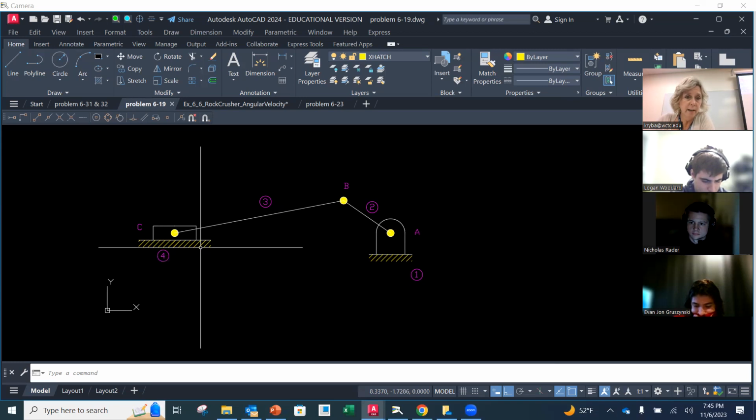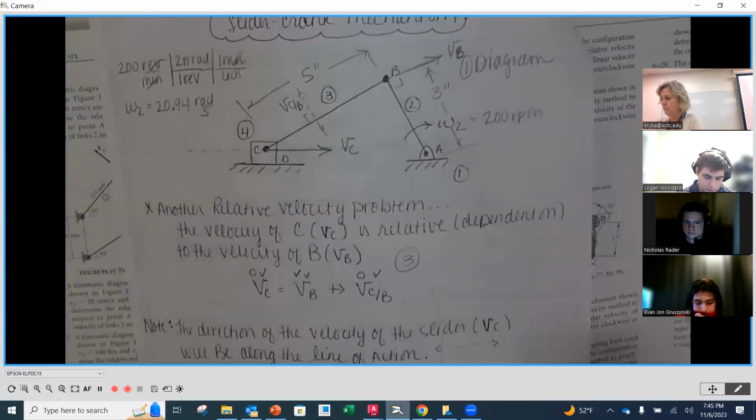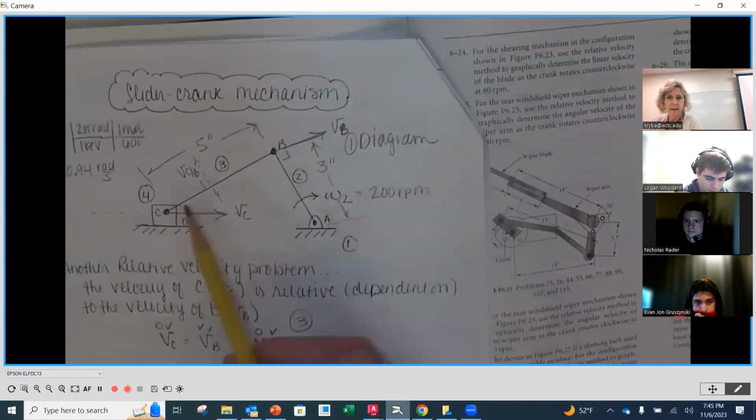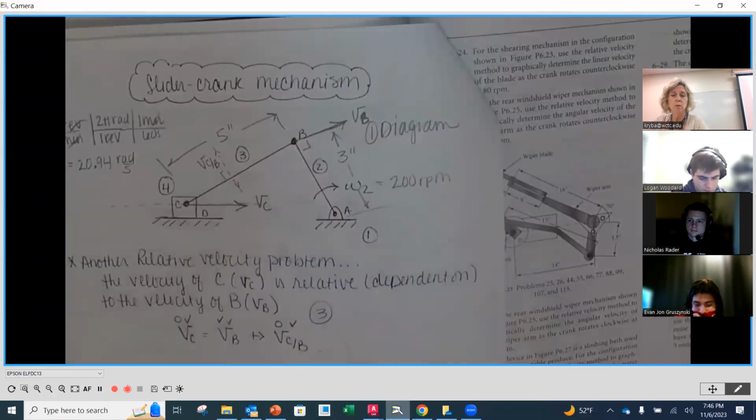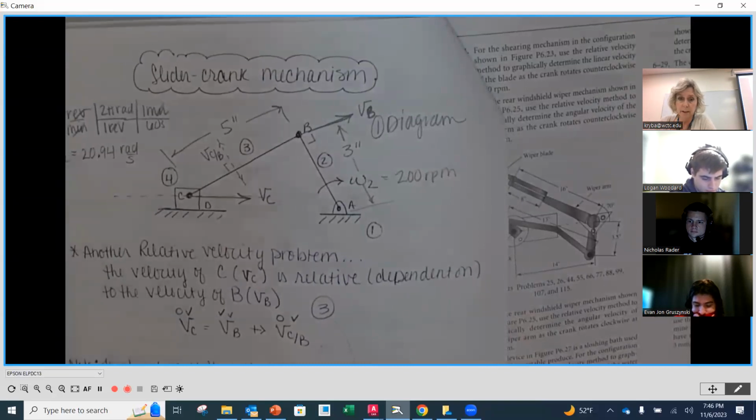So if we need to find the velocity of C out here, this is just like the problem that we just got done doing. And we'll notice that we added the lines of action of each one of those velocities right on our diagram so that we would use the diagram then to determine our perpendicularities.